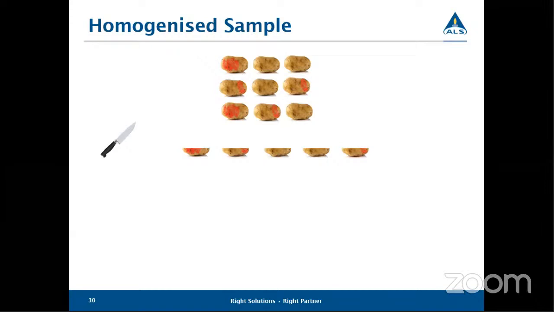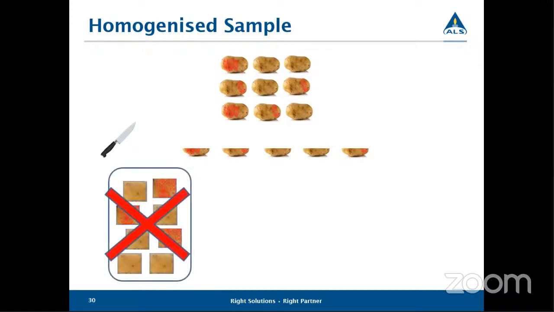So now you cut that down, and you can see where in some cases you may miss allergen that you would have detected by taking these large pieces and leaving a large portion of the potato behind. So when we homogenize samples in the laboratory, it's a very similar concept. We will not want to cut away simply half and leave half.